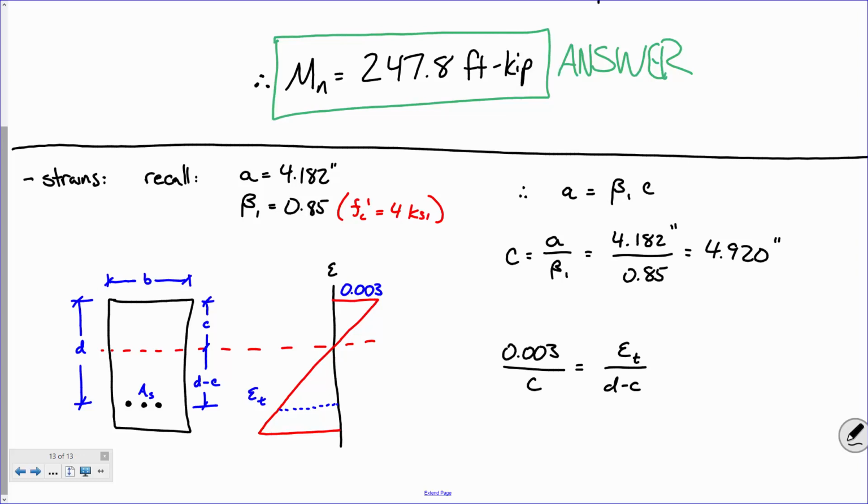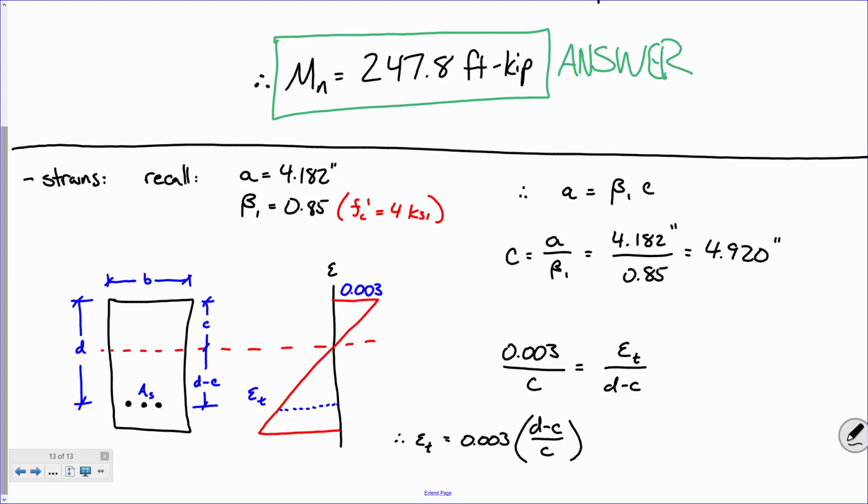So, can I calculate the strain in the steel as 0.003 times d minus c over c? See how I did that? Just take that, multiply it over.